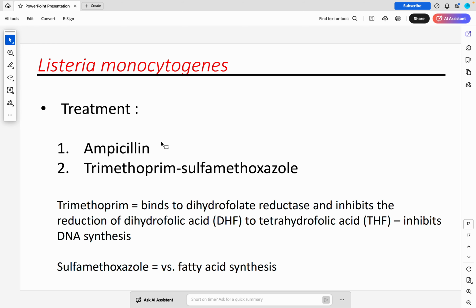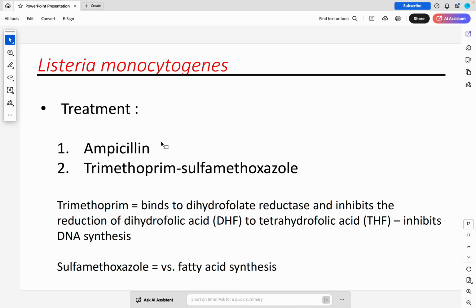How is L. monocytogenes treated? There is an effective set of antibiotics that can be used: ampicillin and trimethoprim-sulfamethoxazole. Trimethoprim binds to dihydrofolate reductase and inhibits the reduction of DHF to THF. That will inhibit DNA synthesis in the bacteria. And sulfamethoxazole counteracts fatty acid synthesis.